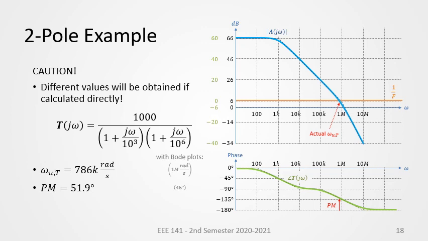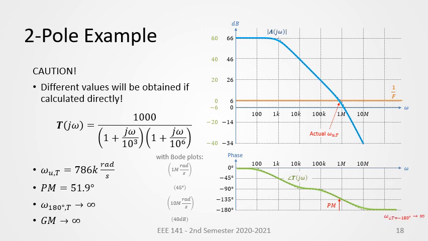However, for the gain margin, computing from the expressions, we will actually find that the 180-degree frequency is at infinity and the gain margin is also infinite. This is far from the approximated values of 10 megaradians per second and 40 dB.